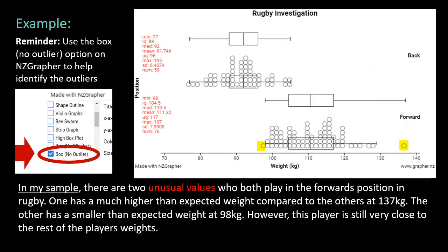Looking at these outliers here, we can see there are two data points highlighted in yellow. This is, again, our rugby investigation. Now, this one here is clearly an outlier, right? It's sticking way out off the edge. But why is this one an outlier?